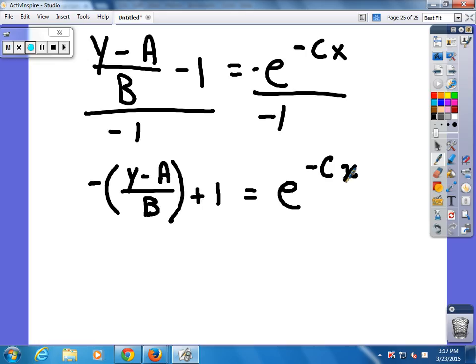Now, I want to bring this downstairs. So I'm going to have to use log base 10 or natural log. Which one am I going to use? Log base e, which is natural log. Get used to doing this, especially in differential equations.